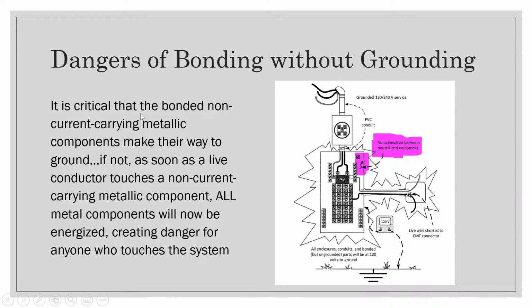So if you take a look at this image here, we've got our overhead service going through a meter back to our combination panel. And you'll notice that we have our neutral back here, and we don't have a bond because these are all metallic components.